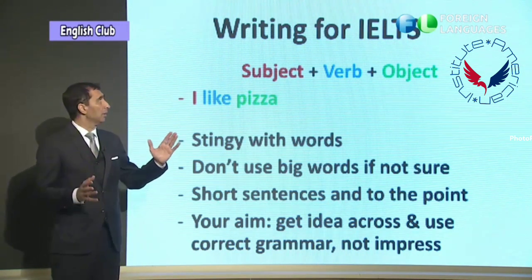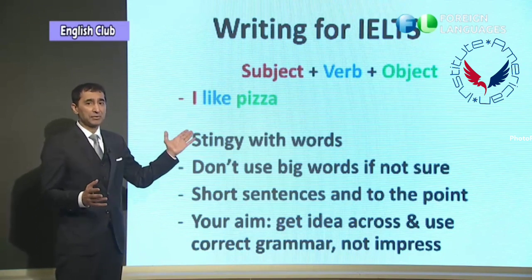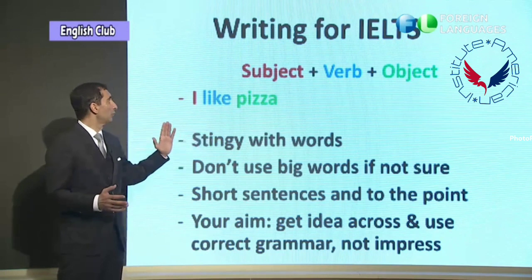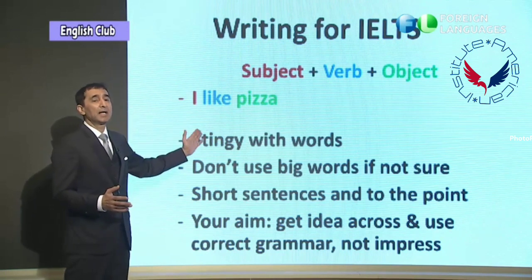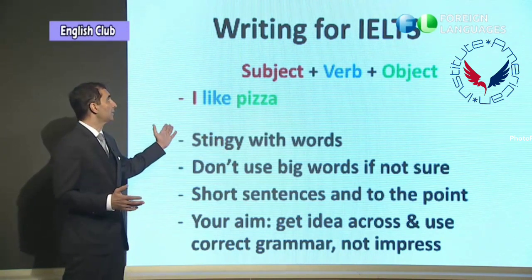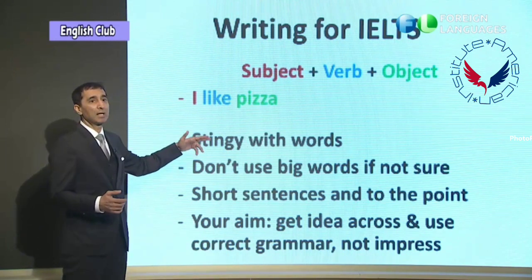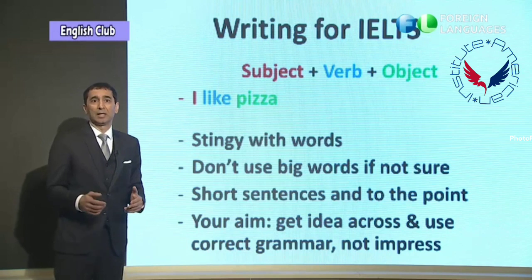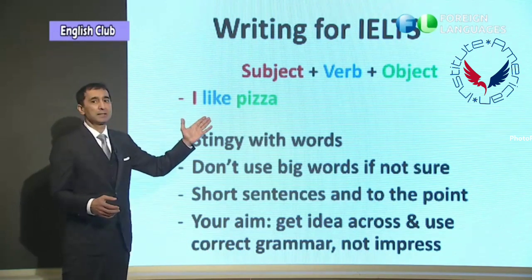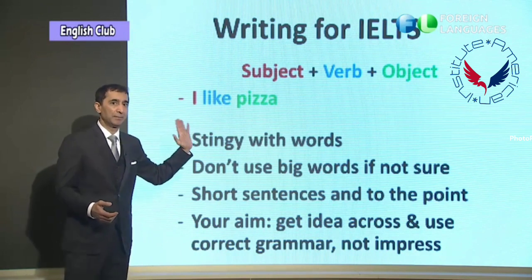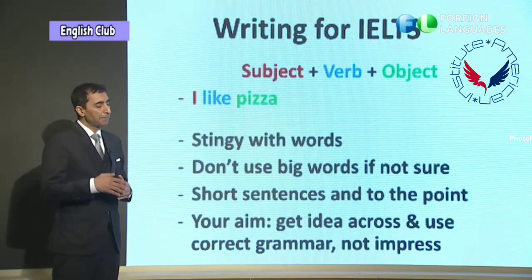In English, you have to have the subject first, then the verb, then the object. So, when you say, I like pizza, I is the subject, like is the verb, pizza is the object. So you cannot say pizza I like or like I pizza. This is the formula to speak or write appropriately in the English language.